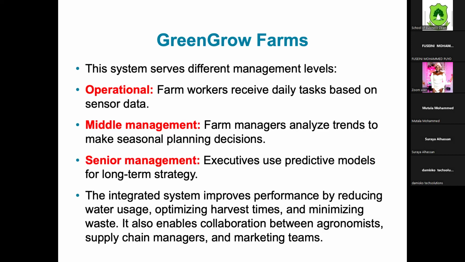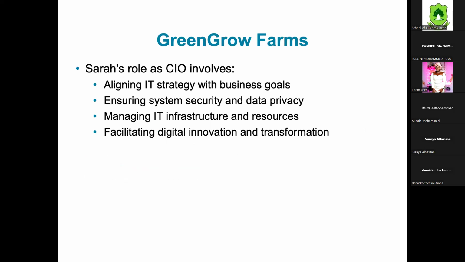So the system does quite a number of things to help in improving performance by reducing water usage, optimizing harvest times, and minimizing waste. It also enables collaboration between agronomists, supply chain managers, and marketing teams. Now, the boss, Sarah.